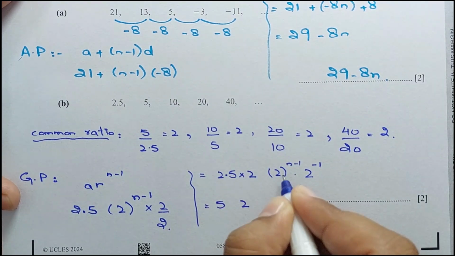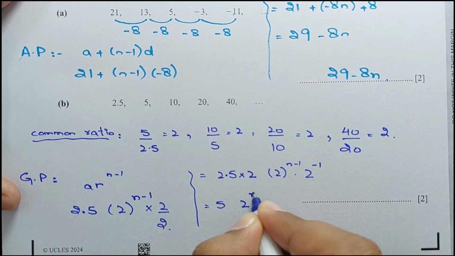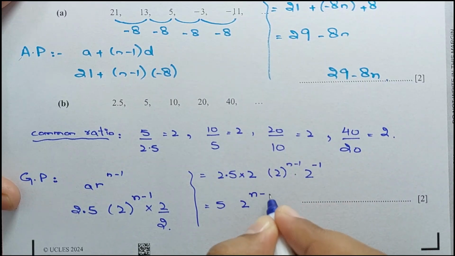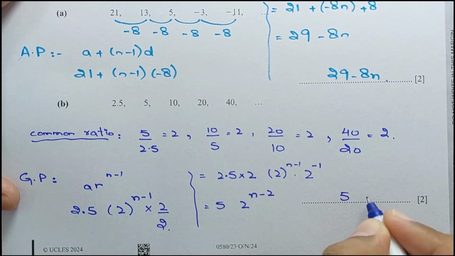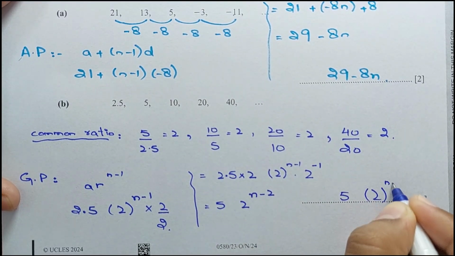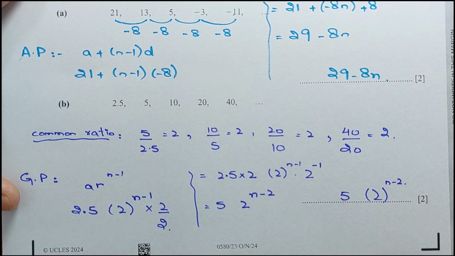And here, when the bases are the same, we can add the powers. N minus 1 becomes n minus 2. So 5 into 2 to the power n minus 2. Now the answer matches the marking scheme. But if you do not get this answer, the earlier one is also correct.